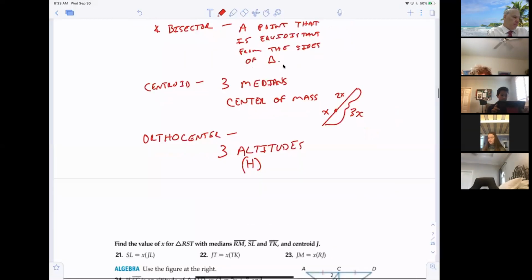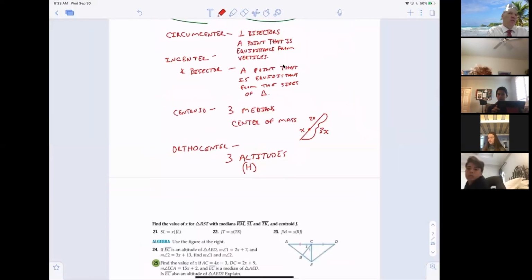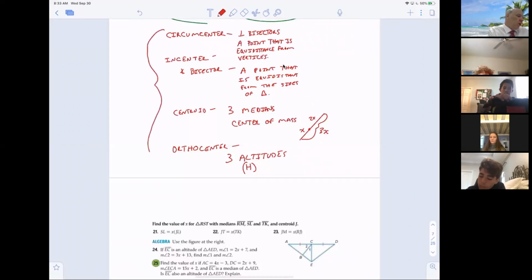And then who remembers this now? If I took a triangle and I found all 4 points of concurrency, what is that called? I don't think it was called that. Maybe they're all on the same line. They are all in the same line. And who is famous for finding that? Oh, Euler.